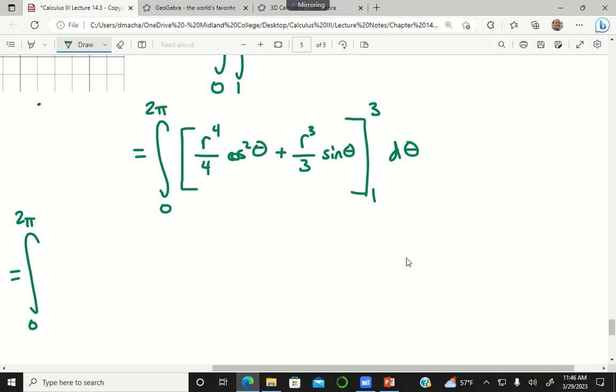If r is 3, then 3 to the 4th power is going to be 81. So I have 81 over 4 cosine squared theta.